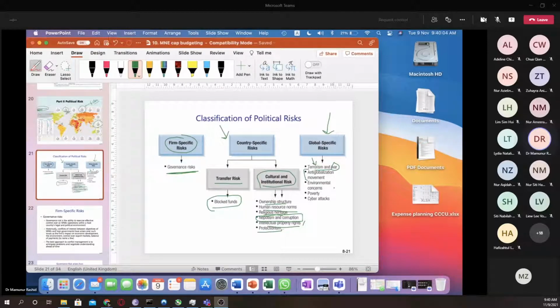Environmental concern. This is the number one issue now. COP26 was happening in Glasgow last week, and they tried to make a decision to reduce CO2 emission to go to something called net zero CO2 emission by 2030. So I'm not sure what the development is.